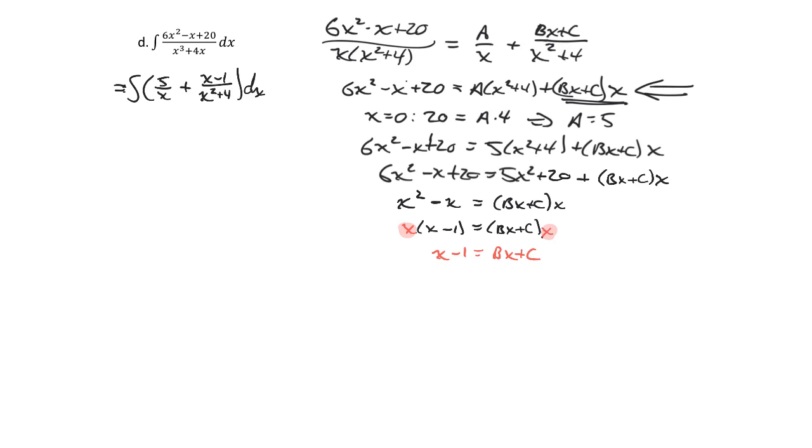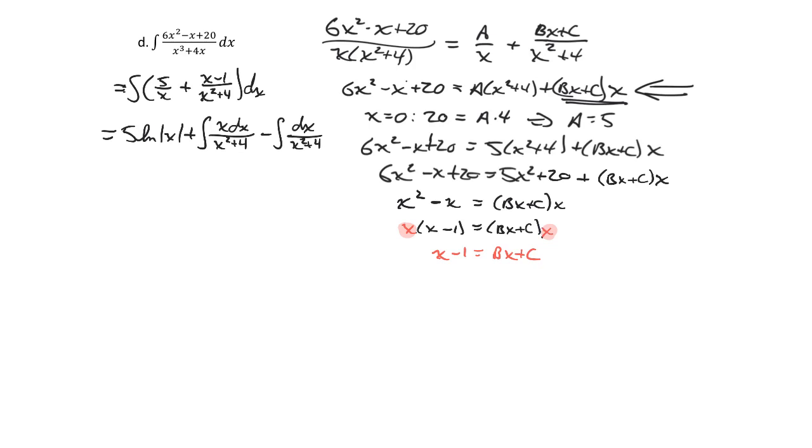The 5 over x is going to be 5 times the natural log of the absolute value of x, plus the integral of x dx over x squared plus 4, minus the integral of dx over x squared plus 4.